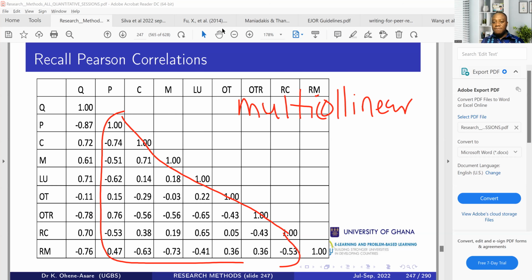So we selected price and the complement. Are you looking on your notes or you are just mentioning? Yes, price and complement. And what was the value? The value is minus 0.74.